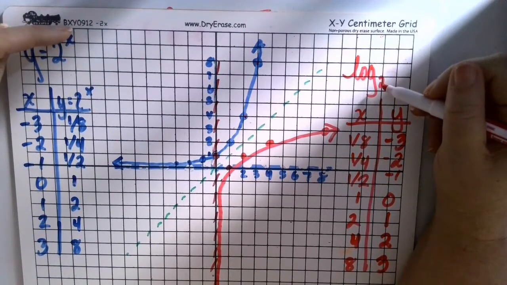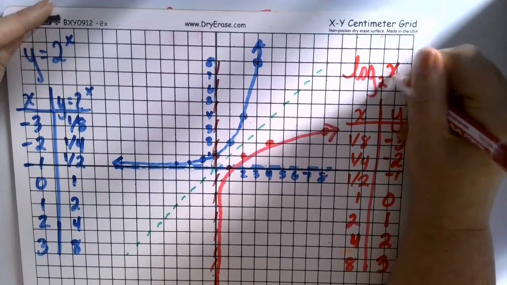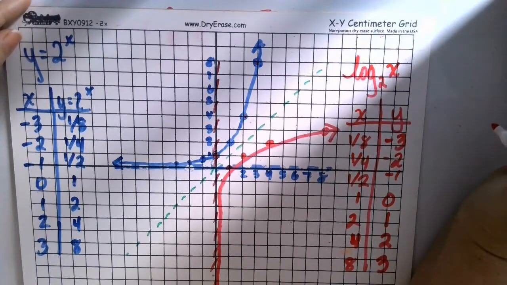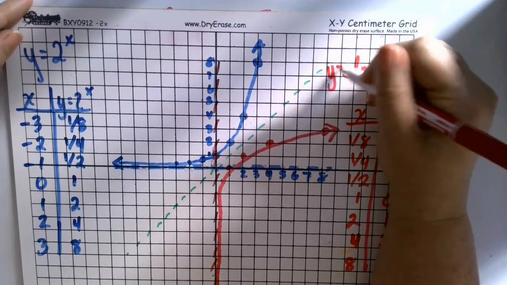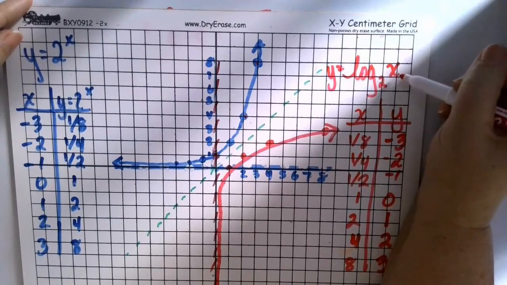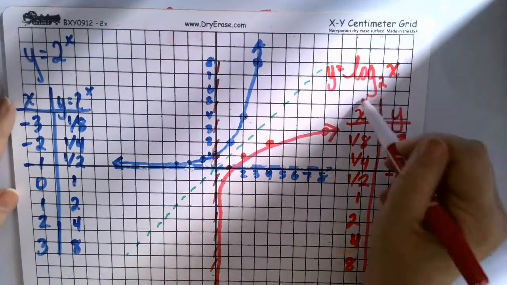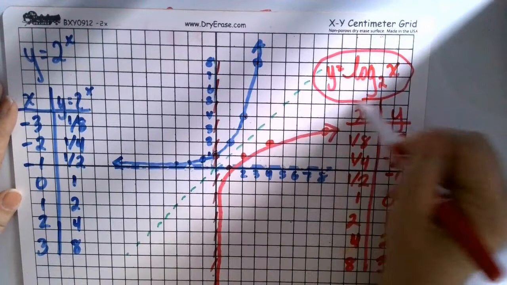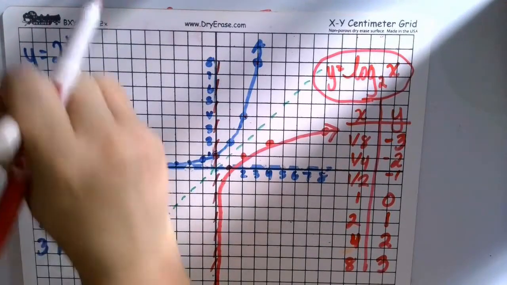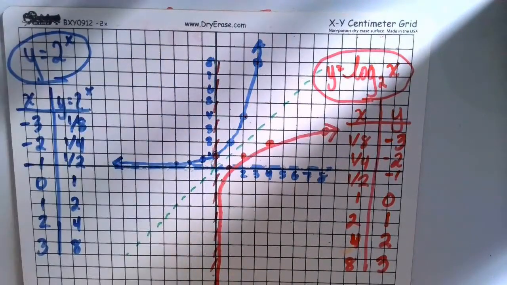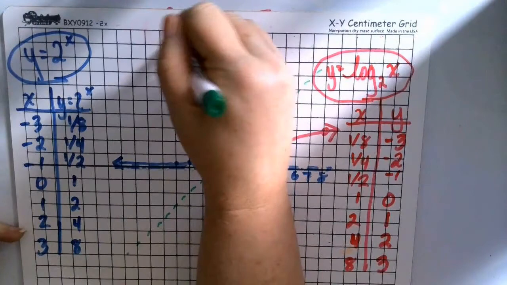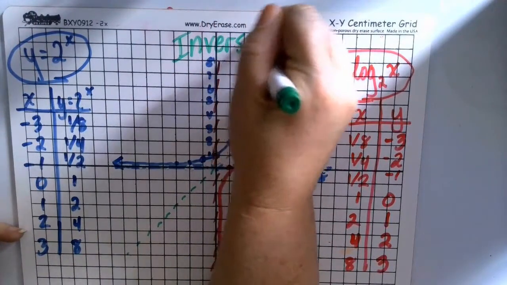And then the exponent is going to be the argument of the logarithm. So y equals log base 2 of x is the inverse of y equals 2 to the x, the exponential. So these two graphs, these are inverse functions.